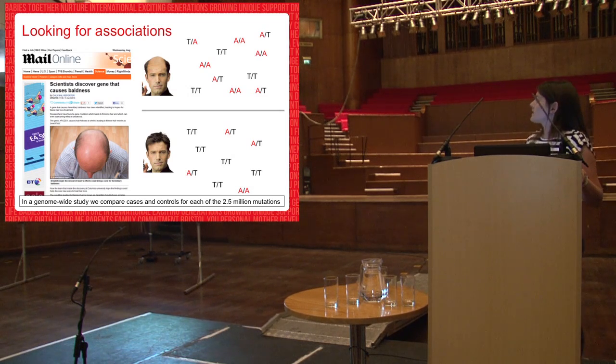So we get a load of participants that are bald and a load of participants that aren't bald, and we split them into two groups. And then for one particular position in the genome, we look at what letters they have there. So remember, you get one letter from your mum and one from your dad, so everyone has two letters. And you can see here some individuals have inherited a T and an A, some have got 2 A's, and some have got 2 T's.